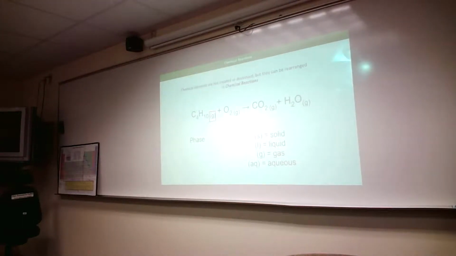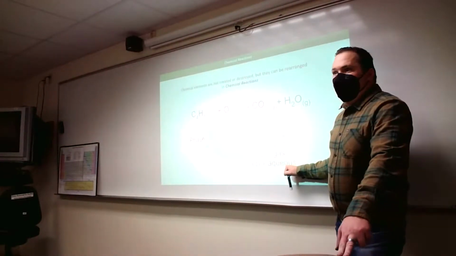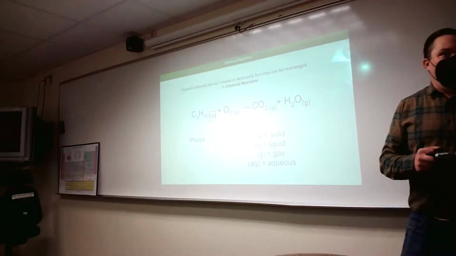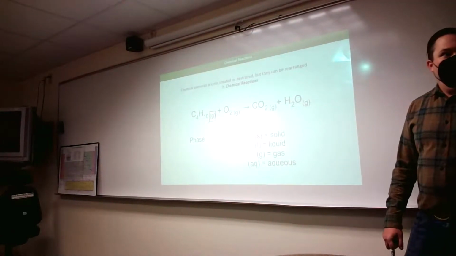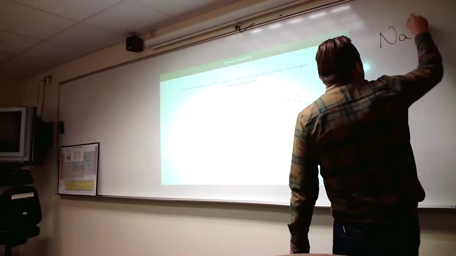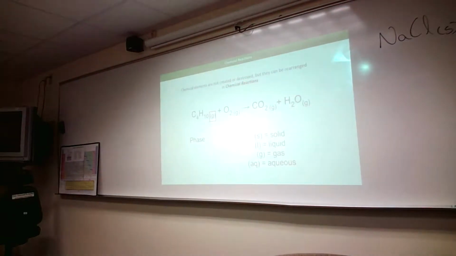And again, I skipped the part about solutions. We'll talk about solutions in more detail. But since water is the most common thing we use to make a solution, it gets its own phase. Aqueous just means dissolved in water. So when you take salt as a solid, then you throw it in a pot of water, it dissolves.